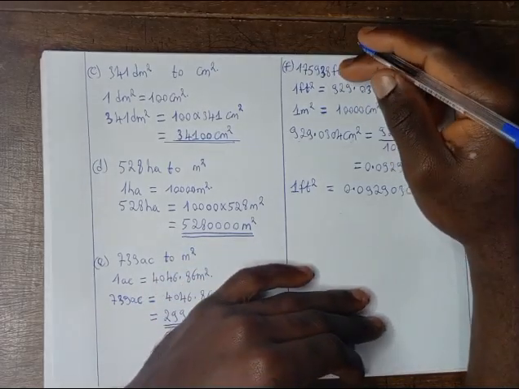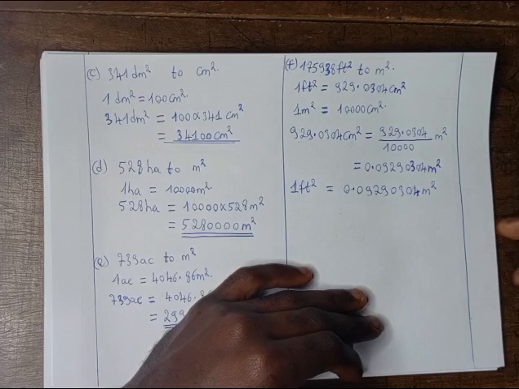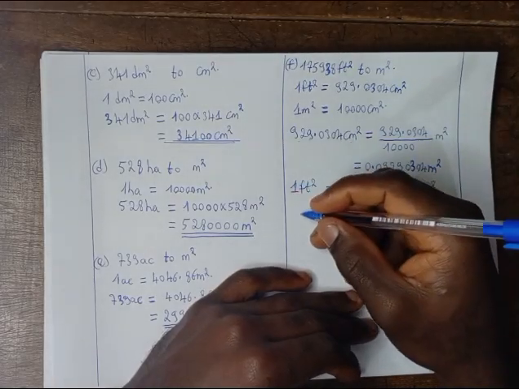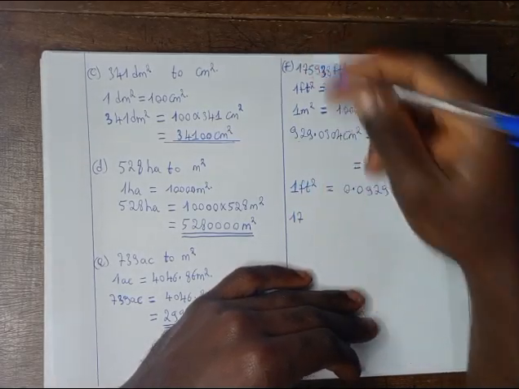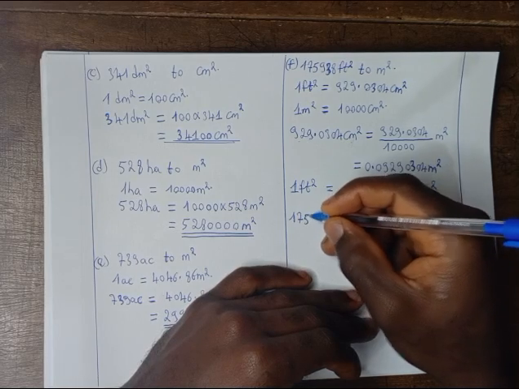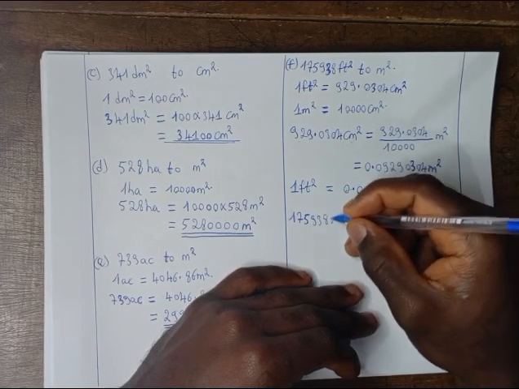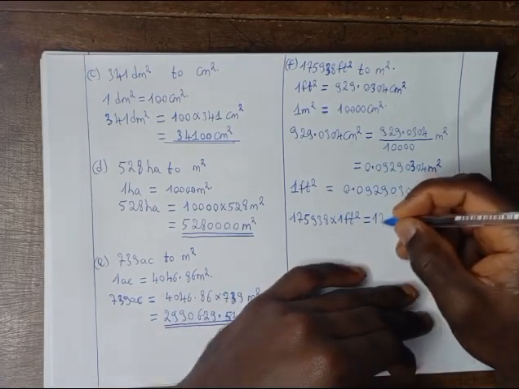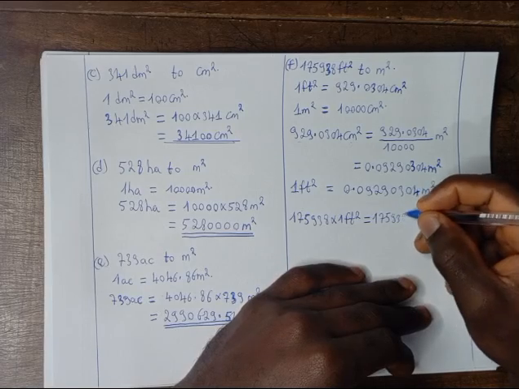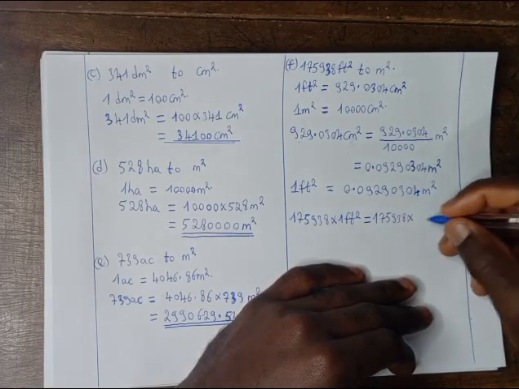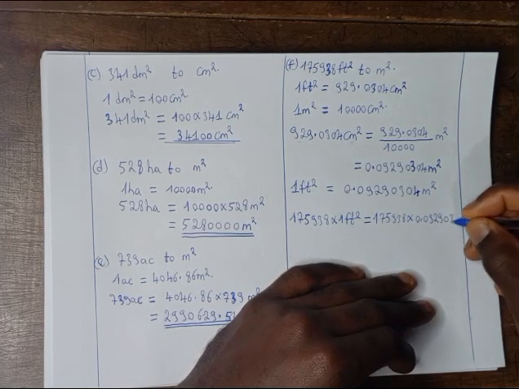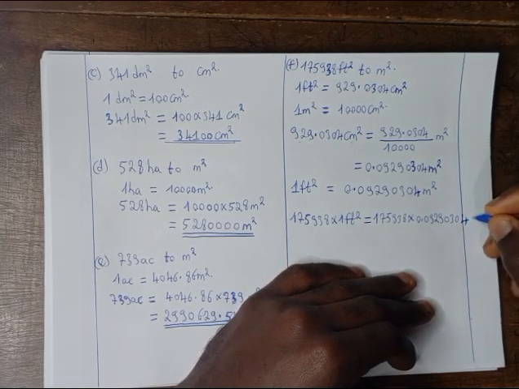Now converting this 175,938 foot squared, we are simply going to multiply both sides by this constant. 175,938 times 1 foot squared will simply be equal to 175,938 times 0.092900304 meters squared.